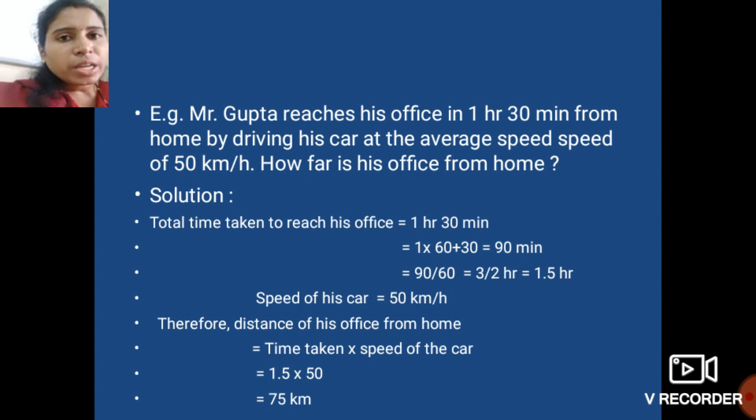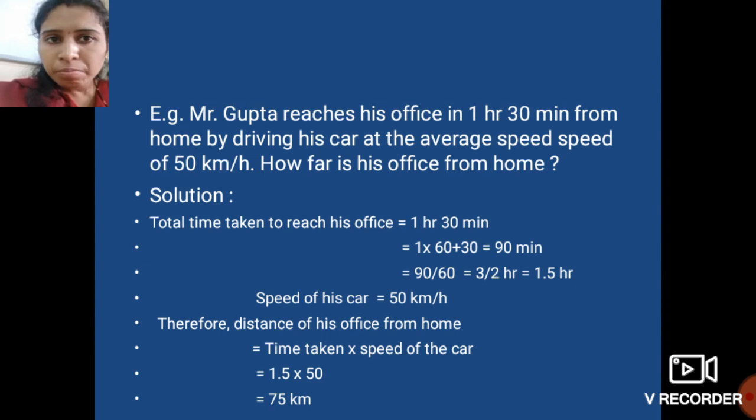See students, whenever you have to solve any numeric problem, what you have to do is just read the example two or more times and find out what is given and what we have to calculate.